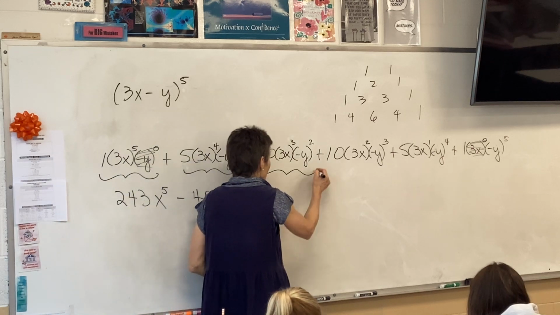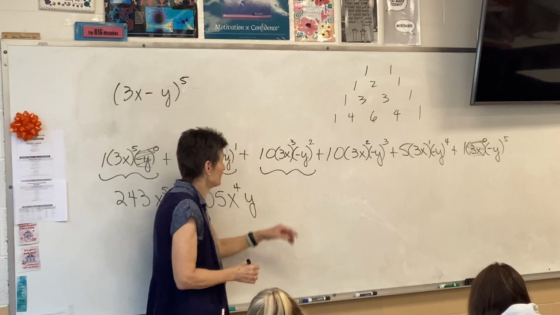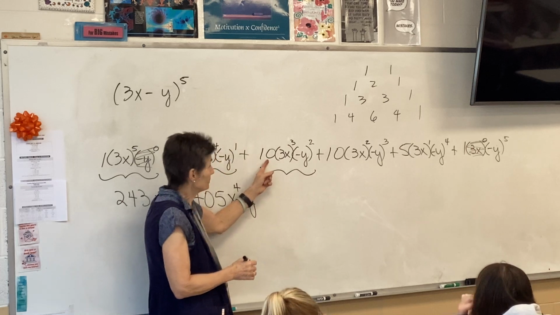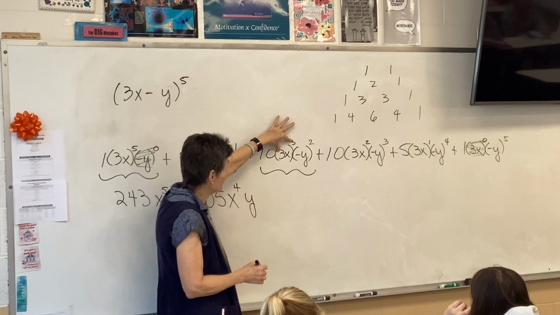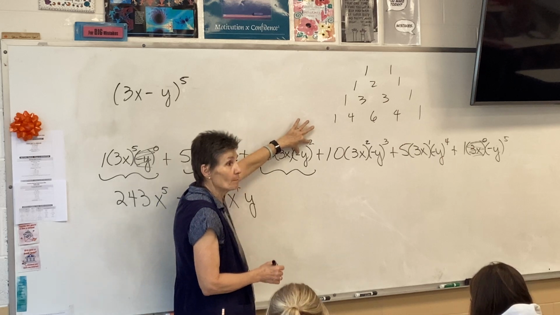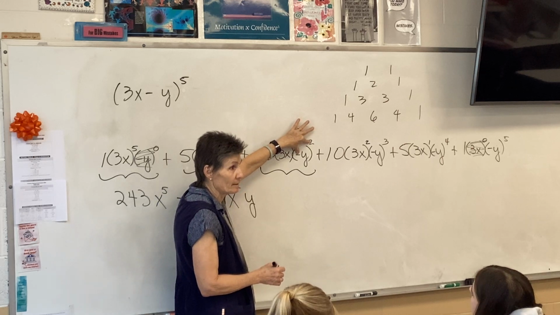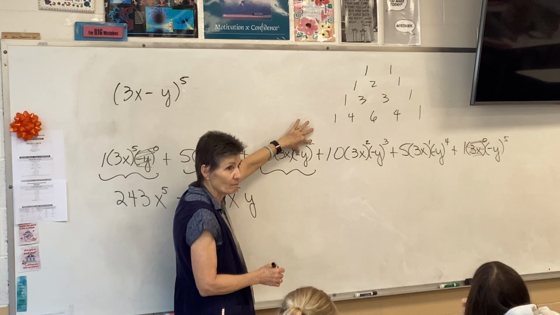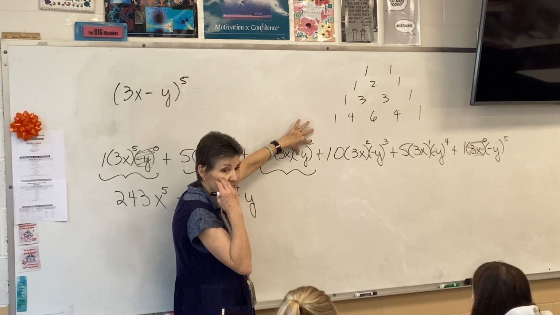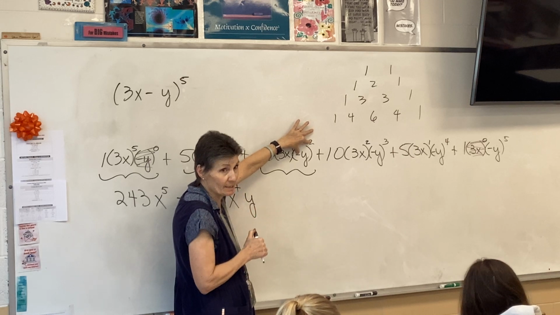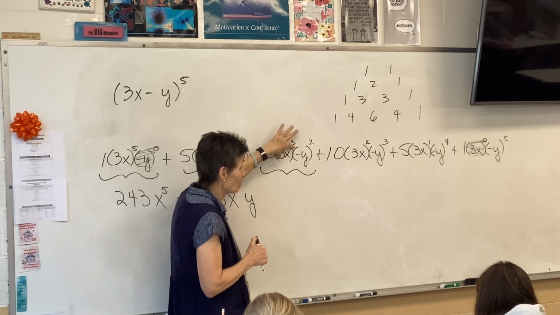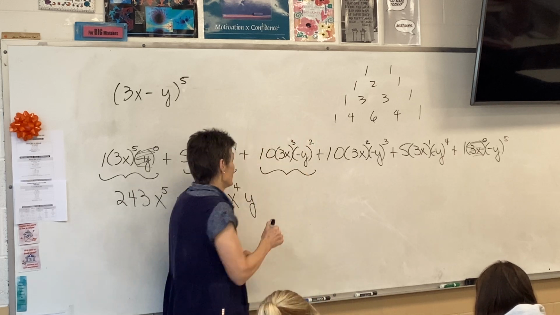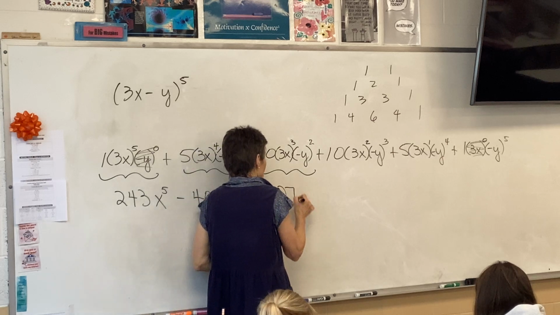What about here? What am I multiplying? A 10, 27, positive 1. Why is this a positive 1? Because negative squared is positive. So 10 times 27 times 1, 270?